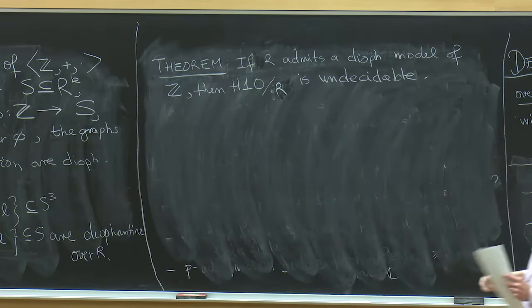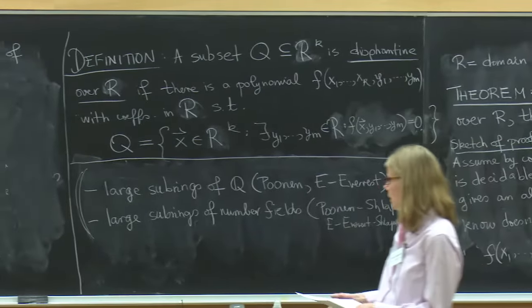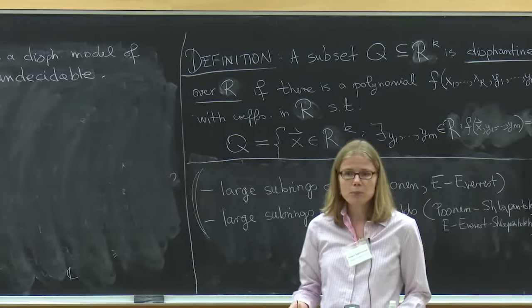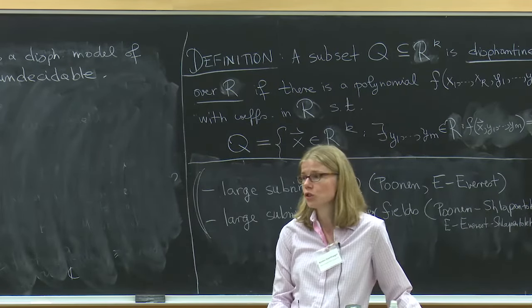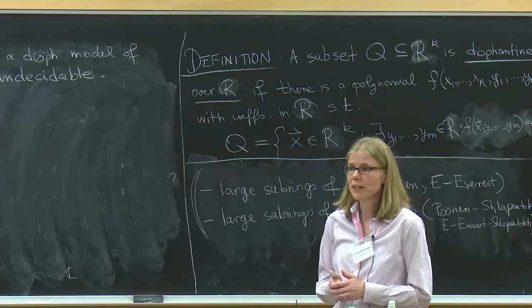Now this was the approach taken in many of the results that I listed, in particular the results on large subrings of Q and large subrings of number fields. It's also possible to construct a Diophantine model of the integers if your ring has positive characteristic.